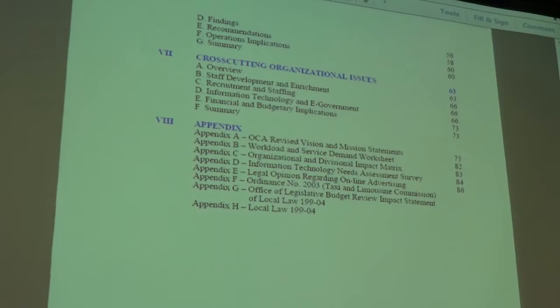As I mentioned, when I conduct assessments, I look at the entire organization. As you can tell from the table of contents, there are cross-cutting organizational issues, things that cut across the organization. So implementations that occur for one program actually have impacts across the entire organization. You're not only affecting the program, you're affecting the entire organization.